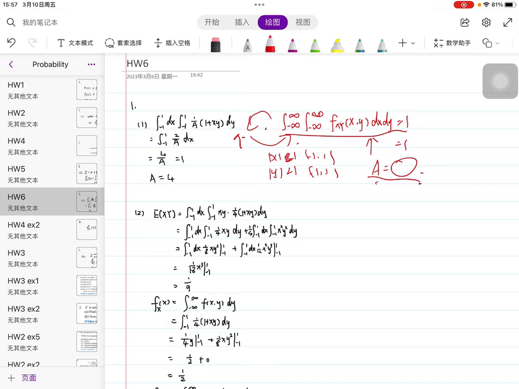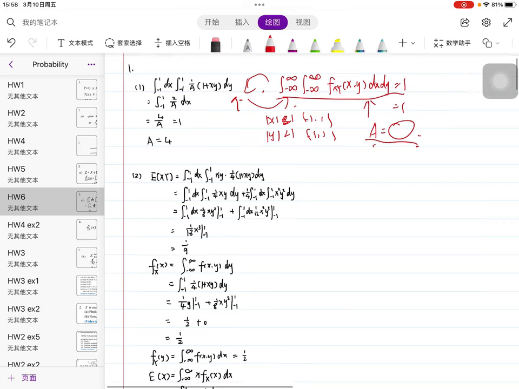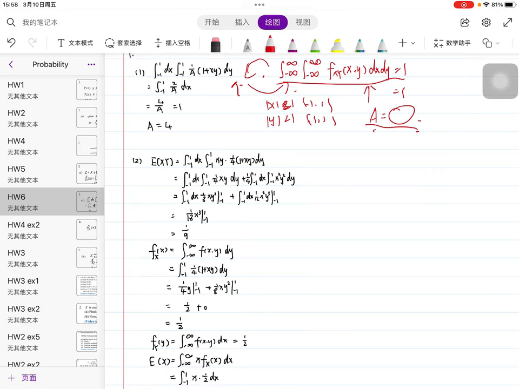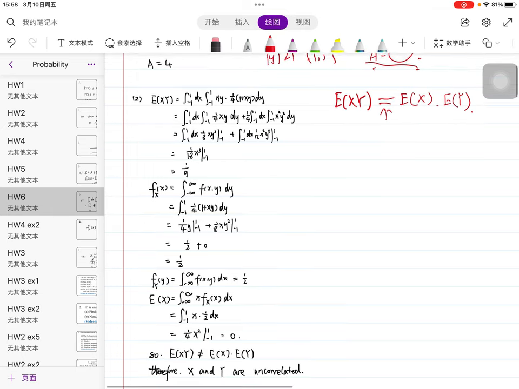For the second question, we are going to prove whether X, Y are uncorrelated or not. If we want to prove whether two random variables are uncorrelated, we could calculate the expected value of XY, and the expected value of X and the expected value of Y. If they are equal, then they are uncorrelated.